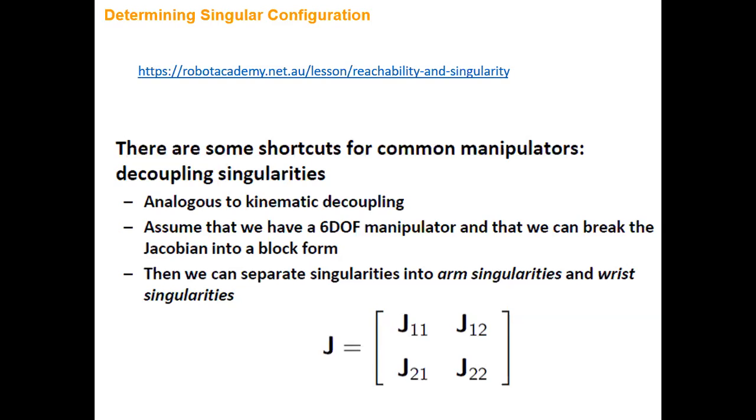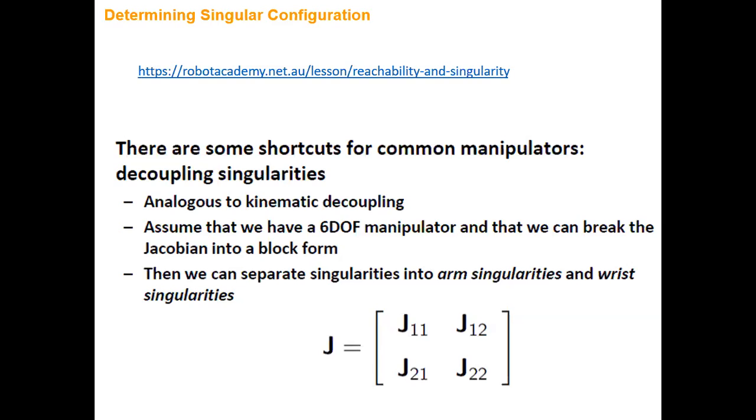Now sometimes finding the determinant is not an easy task, because suppose you have a 6 degree of freedom manipulator. In that case, let's say we have a spherical wrist and the arm.